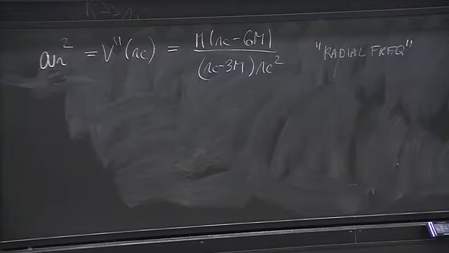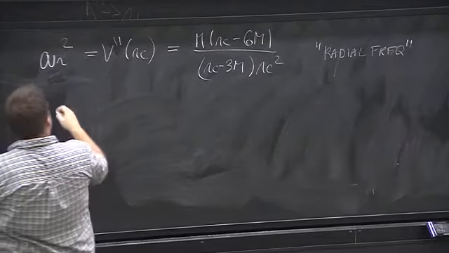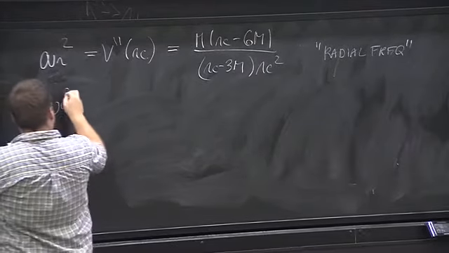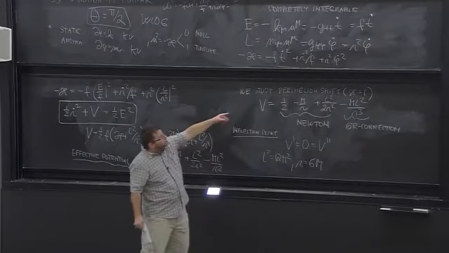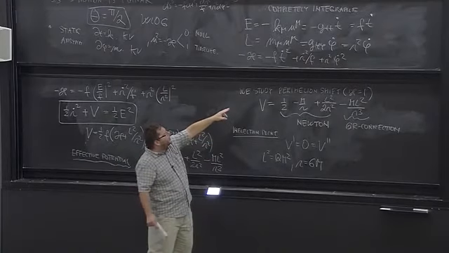But then you may also be interested in the phi frequency. What is the frequency with which I'm going around in the phi direction? So we have the angular frequency omega phi squared. That's nothing else than phi dot squared.